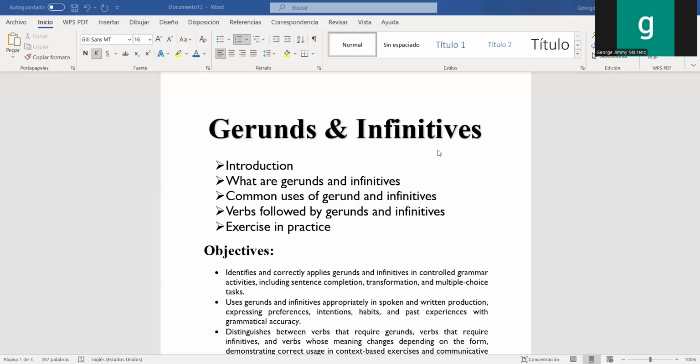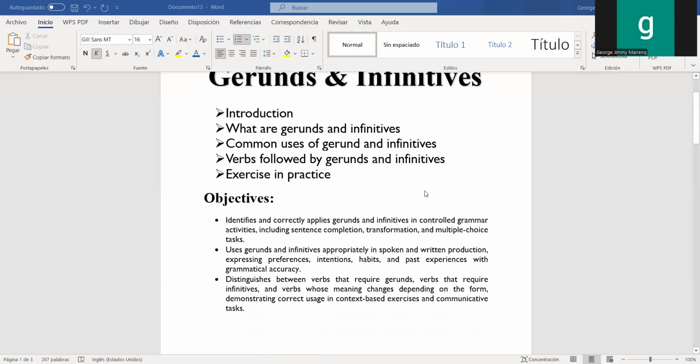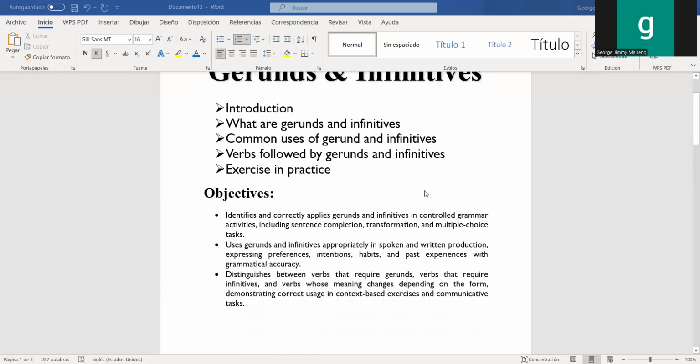Okay. So, the objectives that we have for these sessions are: one, identifies and correctly applies gerunds and infinitives in controlled grammar activities, including sentence completion, transformation, and multiple choice tasks. Number two, uses gerunds and infinitives appropriately in spoken and written production, expressing preferences, intentions, habits, and past experiences with grammatical accuracy.